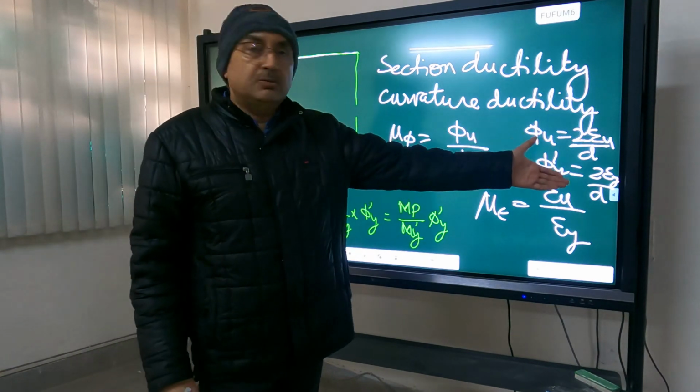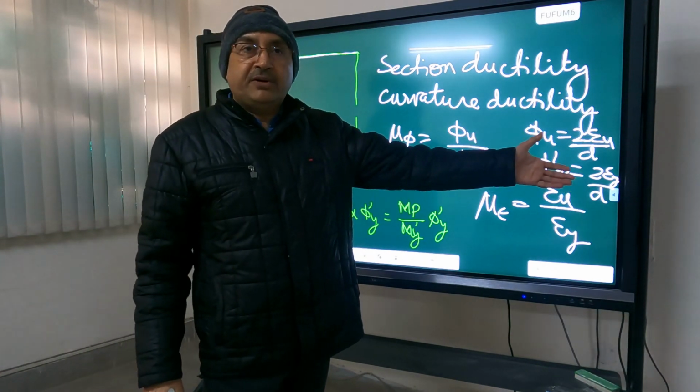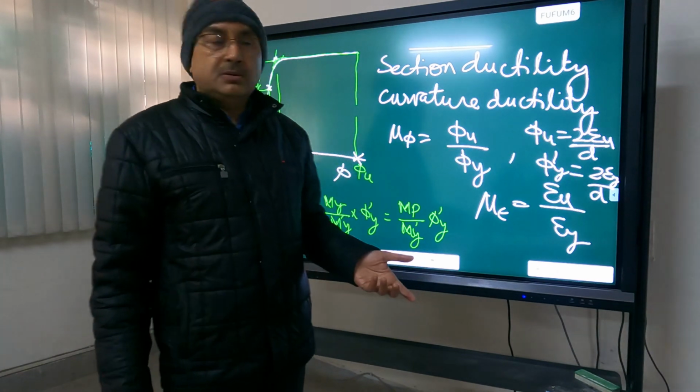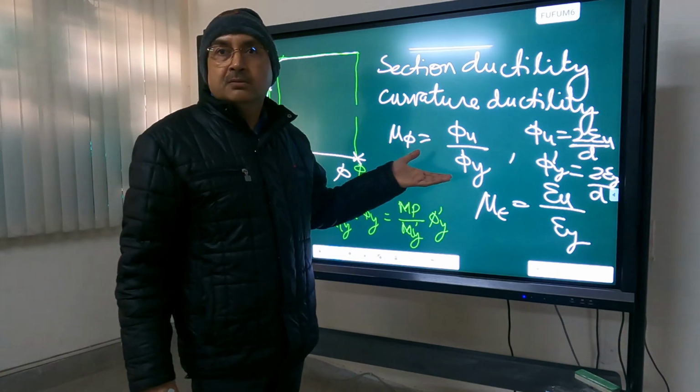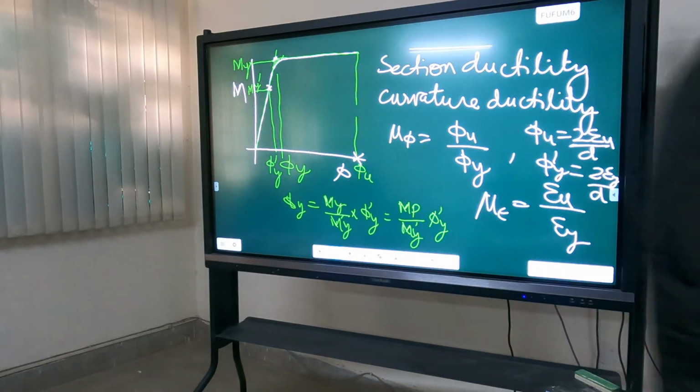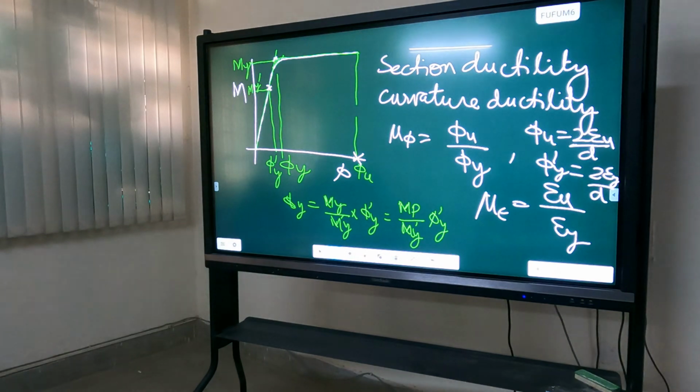Is phi y' more than phi y or less than phi y? More. So which is going to be higher? Material ductility. So the curvature ductility depends on material ductility, but it is somewhat lower. So the curvature ductility is going to reduce.